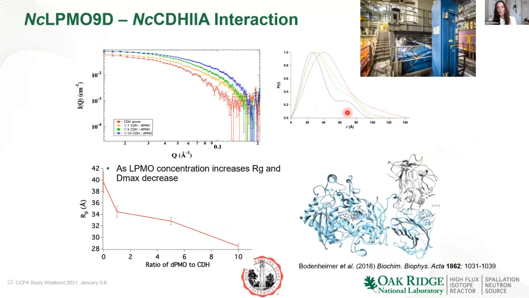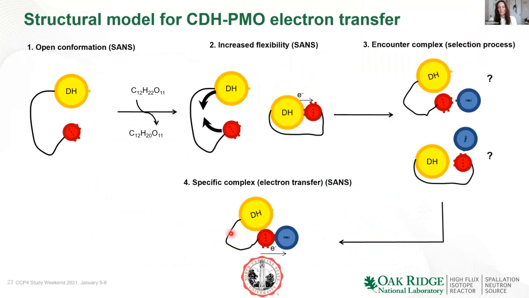What we see is that when we increase LPMO, we decrease the maximum dimension of the redox partner and its radius of gyration, suggesting that LPMO receives electrons from a more compact form of the redox partner. And this is just a small diagram, again, to illustrate that in presence of LPMO, the redox partner adopts a closed conformation.